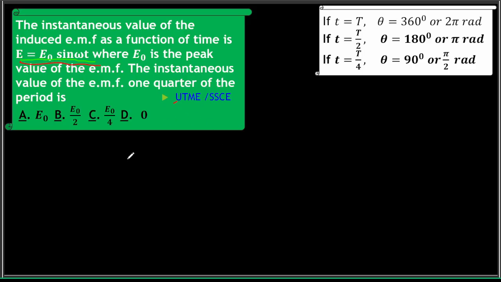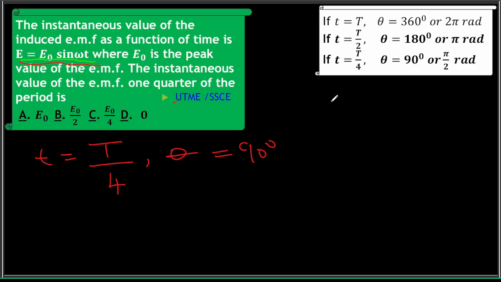So they are saying 1/4 of the period. That means t is equal to period over 4. You already know what that means. At this point we have 1/4 of a cycle. That means theta will be equal to 360 divided by 4, which gives us 90 degrees. Did you get the point?